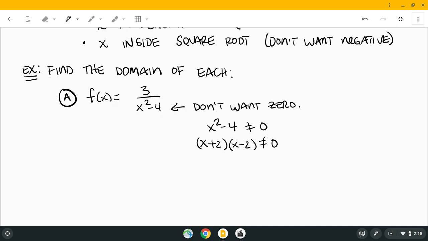And so we don't want x plus 2 to be 0, we don't want x minus 2 to be 0. So we don't want x to be negative 2, and we don't want x to be positive 2. Okay, so that's our domain. Our domain will be all real numbers except for negative 2 and 2.